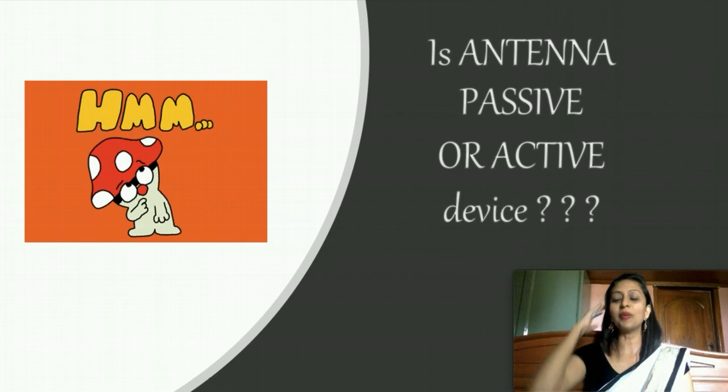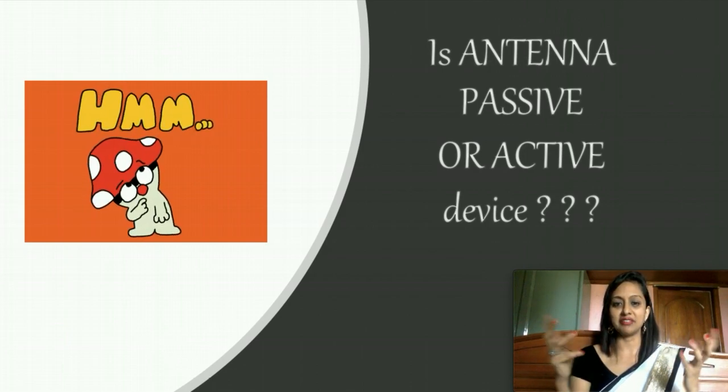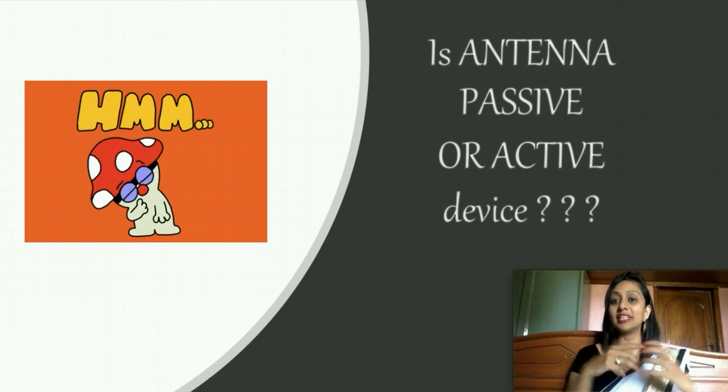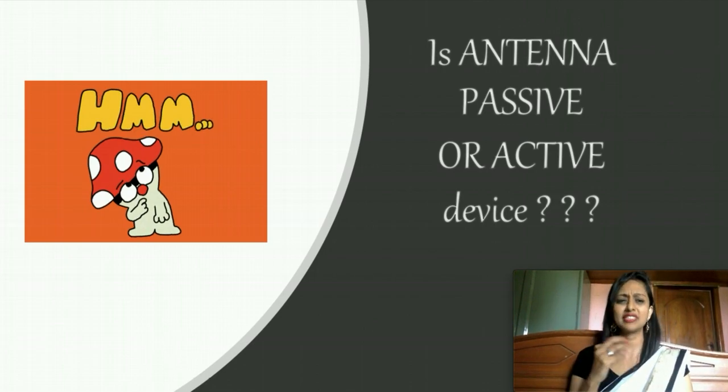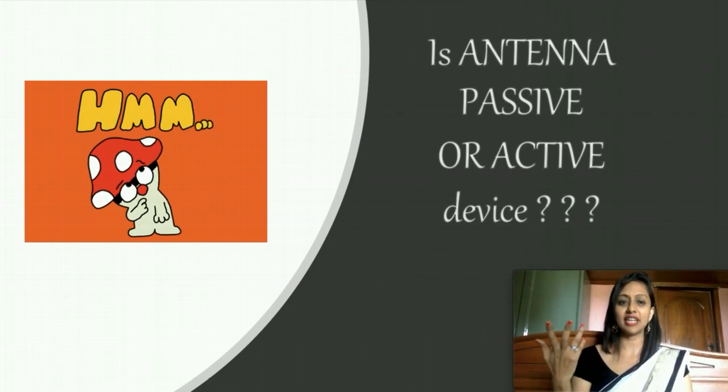We can start trying with a simple wire: take a simple wire, give some power to it, and see if it is radiating or receiving something. In the coming lectures we'll do that with something very handy, and see how I can very easily check whether it can work as an antenna or not.